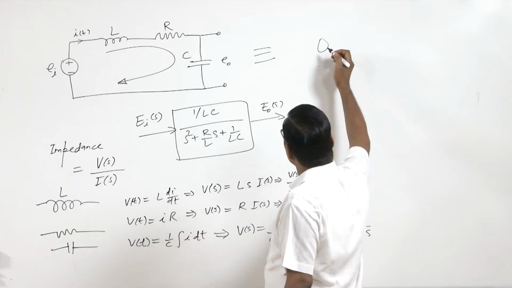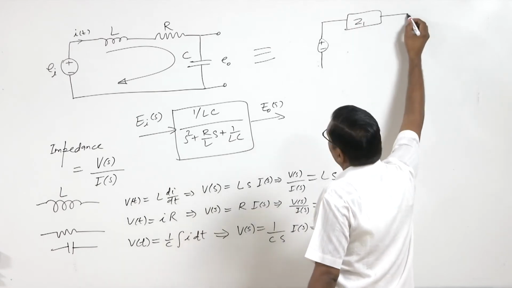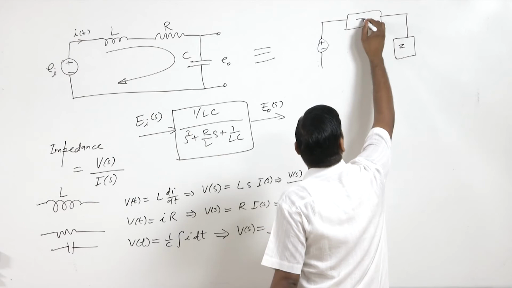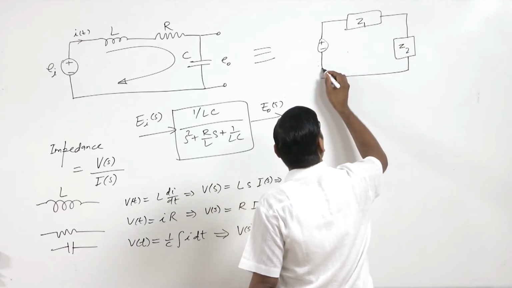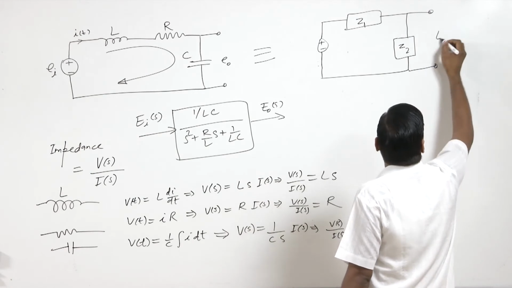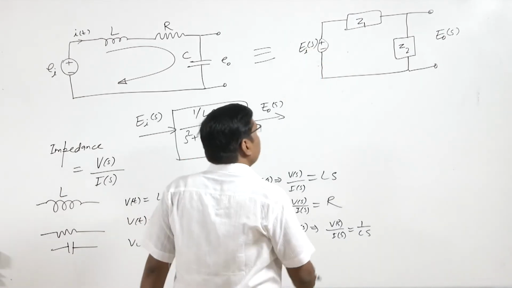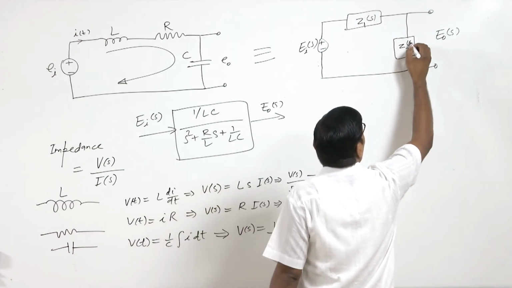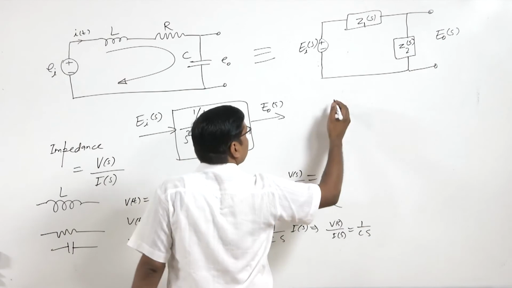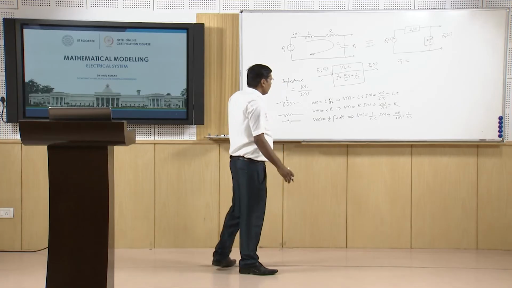So here we have, let us say this is Z1 impedance, and then here Z2, so here EOS, EIS, and this is Z1, that is of course a function of S, because impedance is defined in terms of S. Now here Z1 equal to the impedance of an inductor and impedance of a resistor.